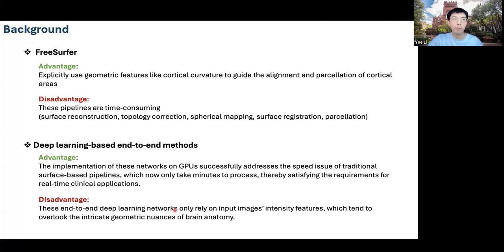However, the CNN-based model takes more intensity features than the geometric features. So sometimes if we specify it into the global whole brain segmentation, the performance in the gray matter of the deep learning model is not as good as FreeSurfer sometimes.